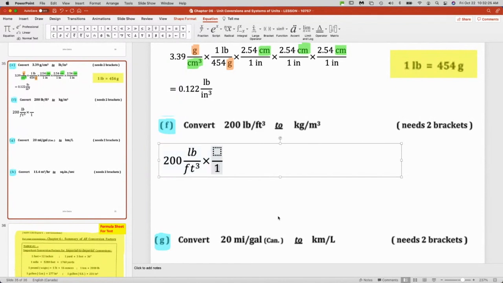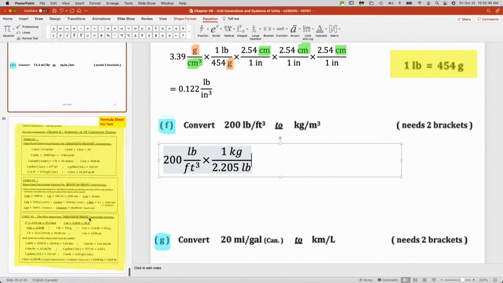So first thing is that 1 kilogram is 2.2 pounds, or 2.205 if you want to be a superstar. If you don't put the 05, I don't think it's going to be a big issue. I'm looking at my conversions, and they have it as 2.20. So I'll just leave it as 2.20, but I know there's a 5 after that.